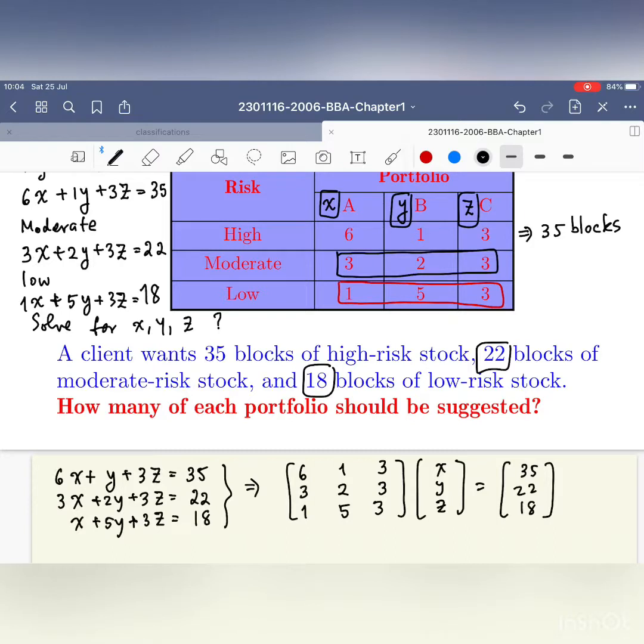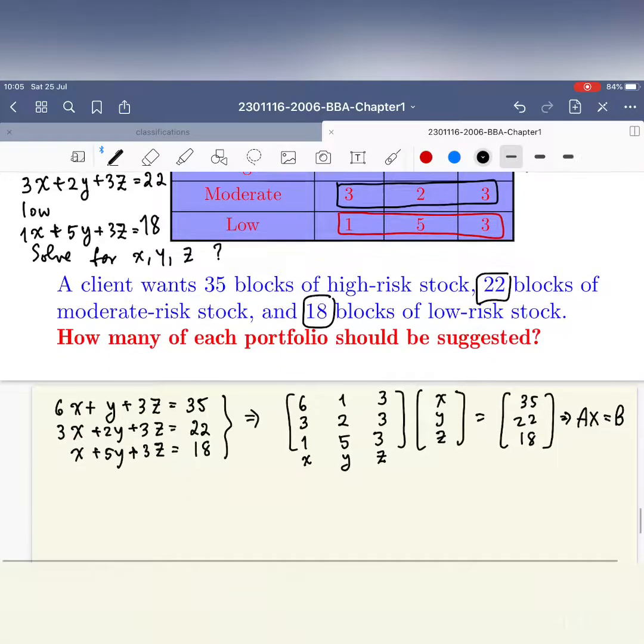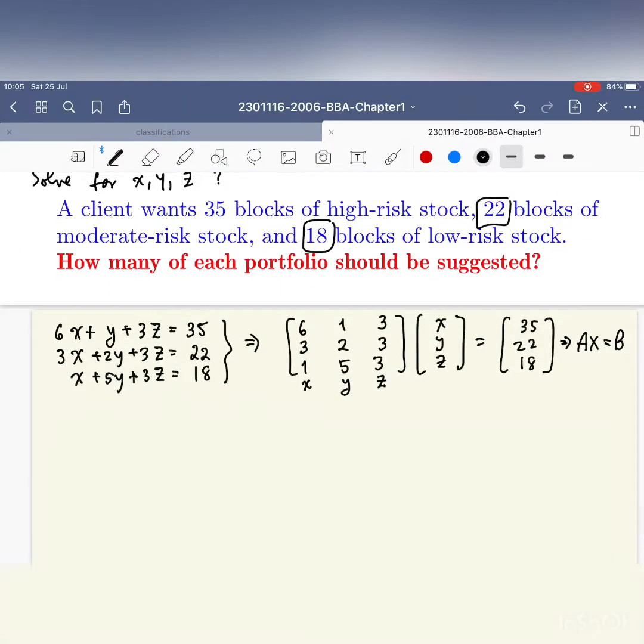So this is the coefficient for x, coefficient for y, and coefficient for z, and this one is in terms of Ax = b. So let me just use the method that we just learned to find your A inverse, if it exists.